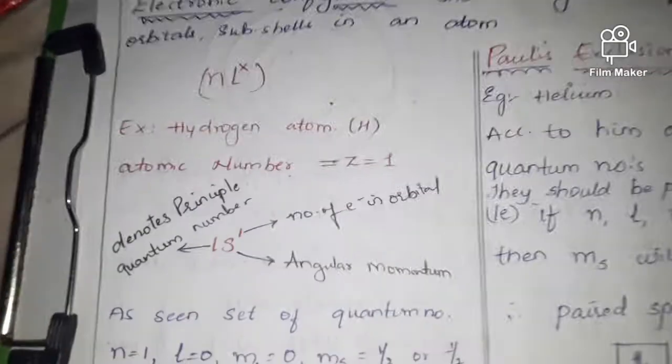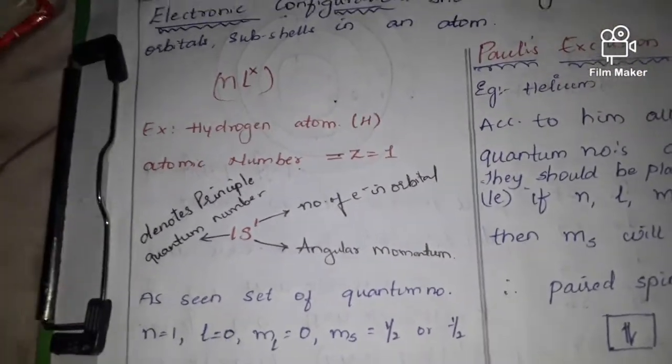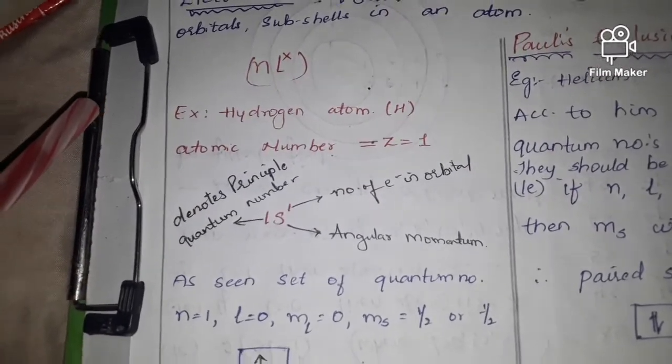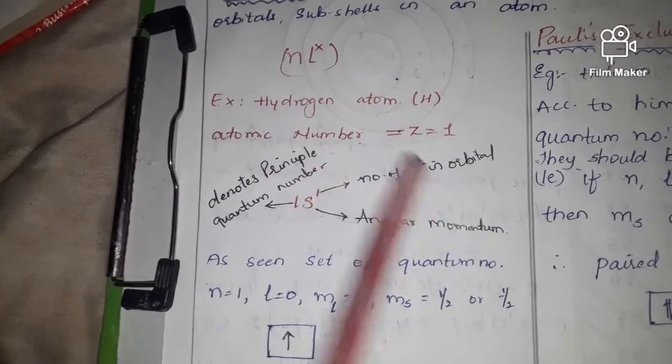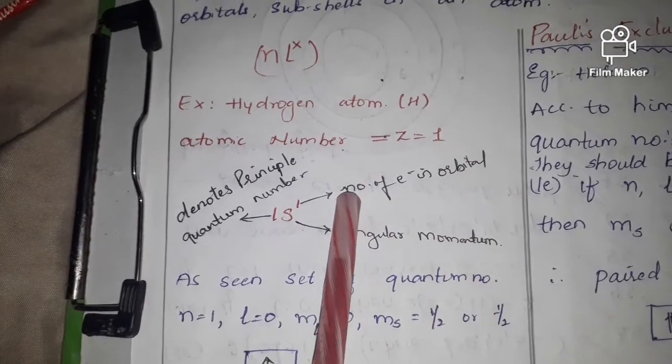Let's take the example of the hydrogen atom. Do you know the atomic number of hydrogen? It is equal to 1.